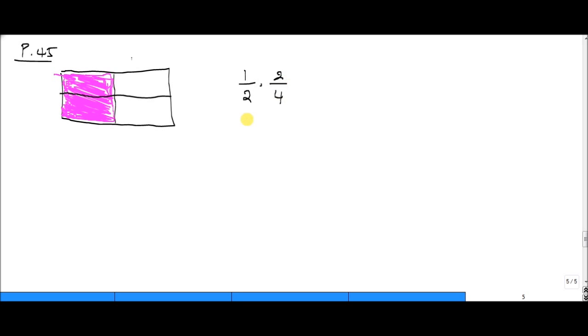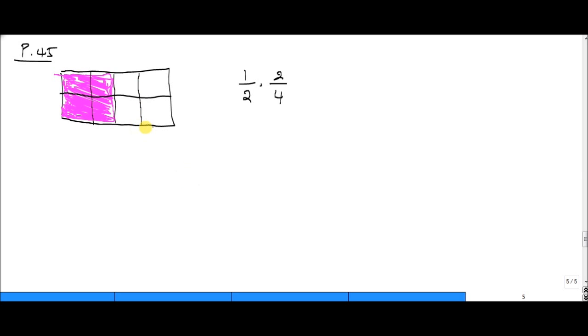Okay, let's go again. I'm going to add a line here and a line here. This last line would be centered better.